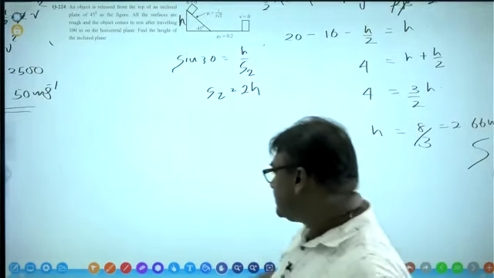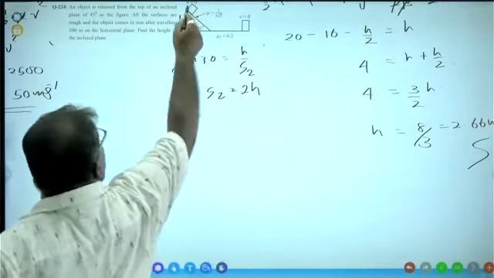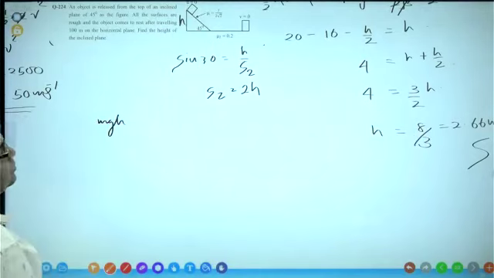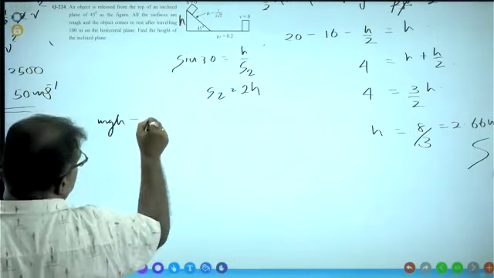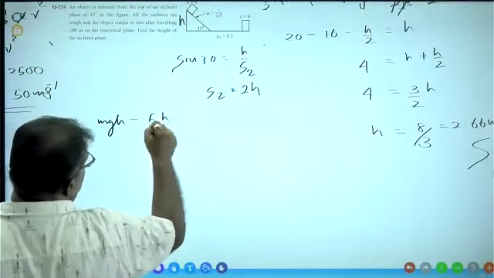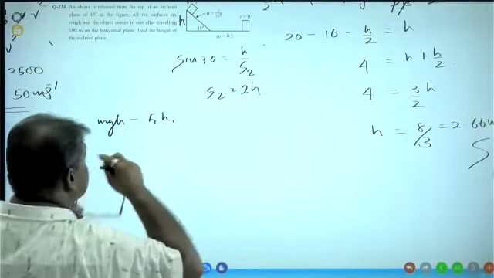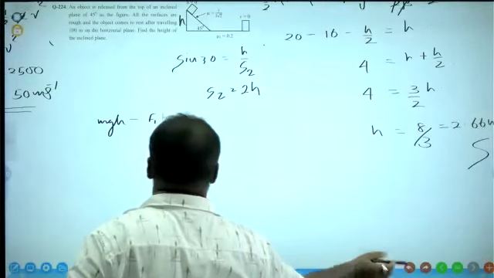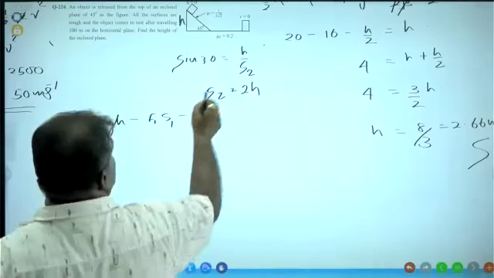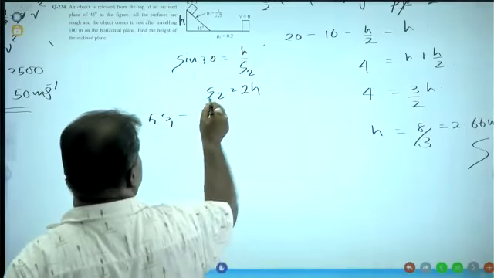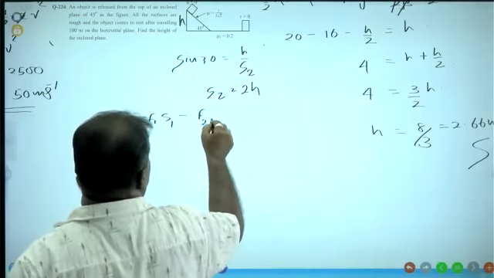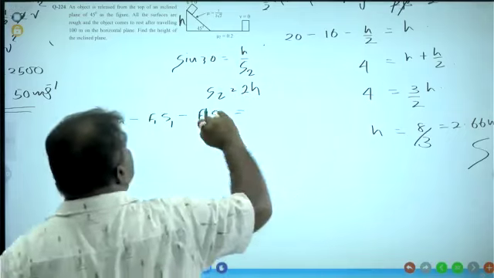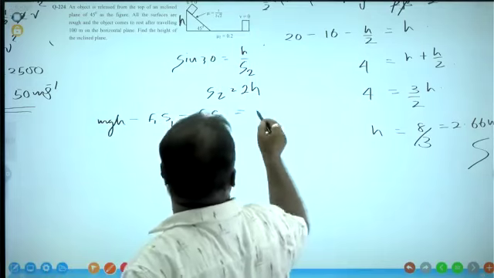Again, use energy conservation. Initially, we have potential energy, mgh. Part of that is liberated as work against frictional force, F1 S1, right? Another part is converted by another friction, F2 S2. And finally the velocity becomes 0.